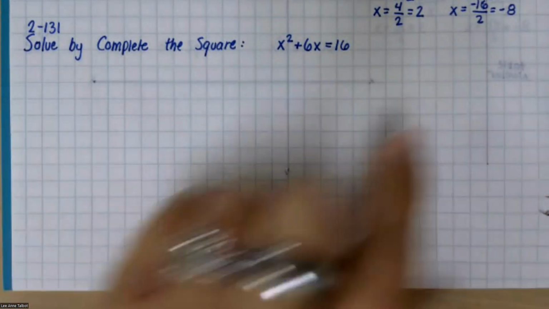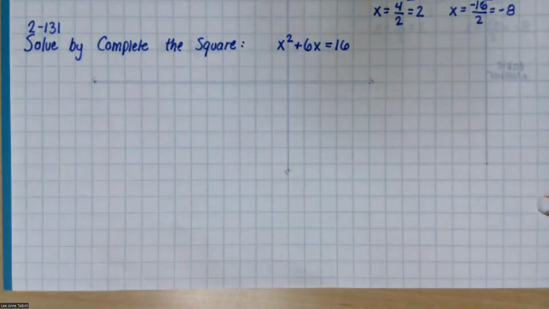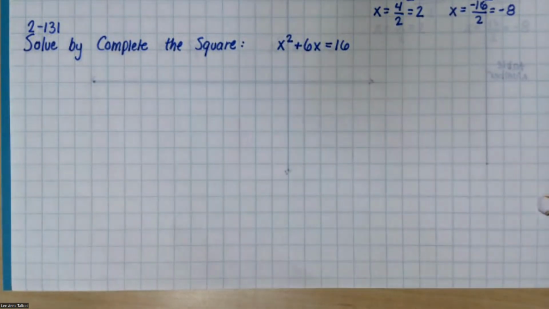Okay, first thing I want to ask you is, what are the answers to this question? So when I complete the square on this, what should the answers be? You can tell from looking at the screen without actually doing any of the math.